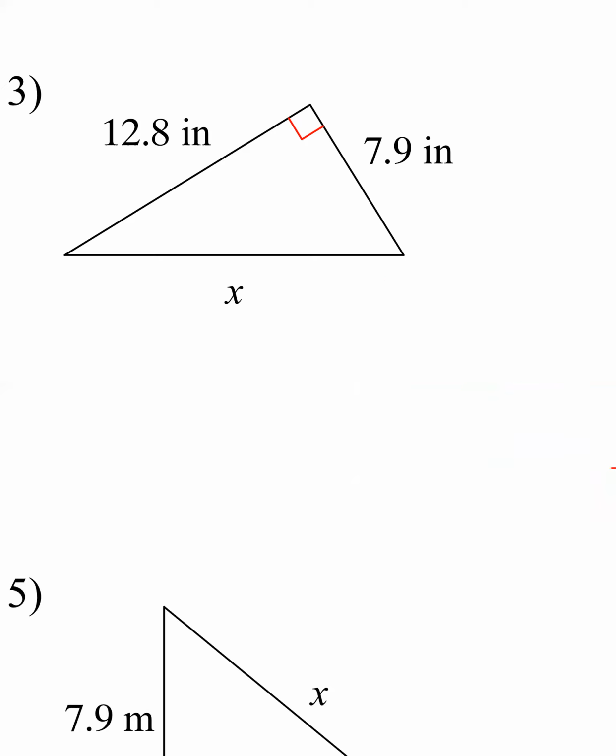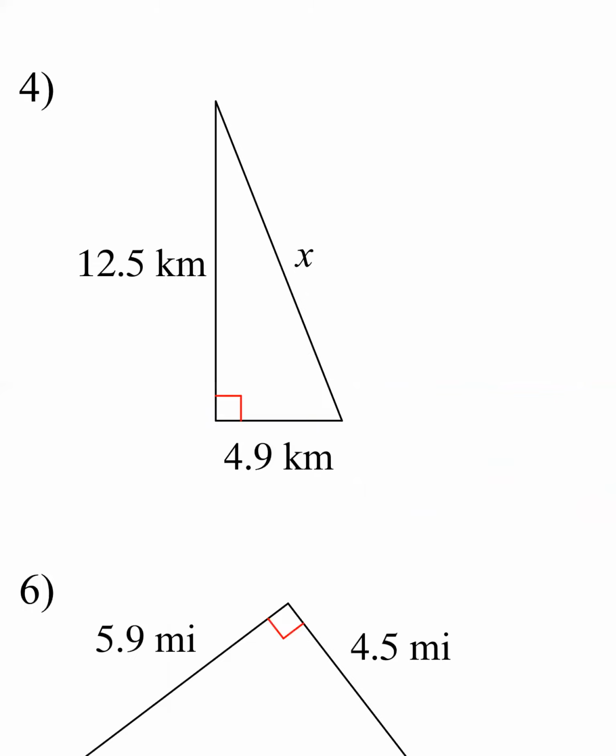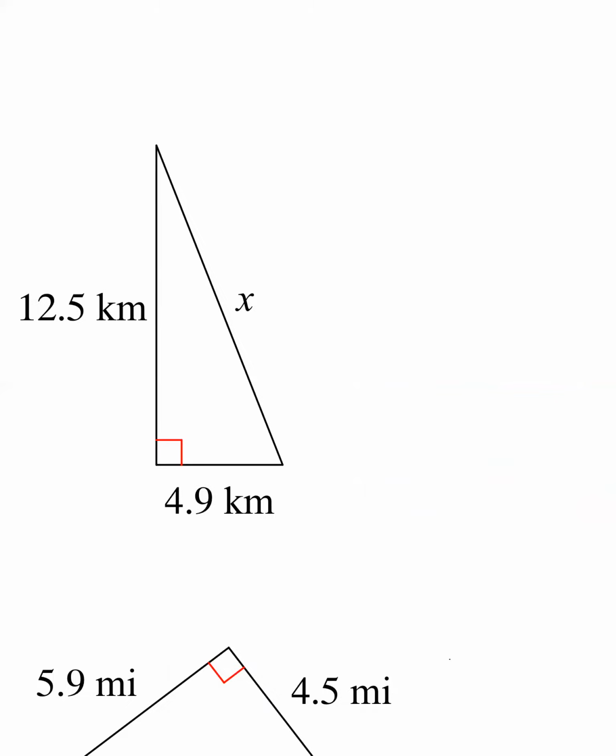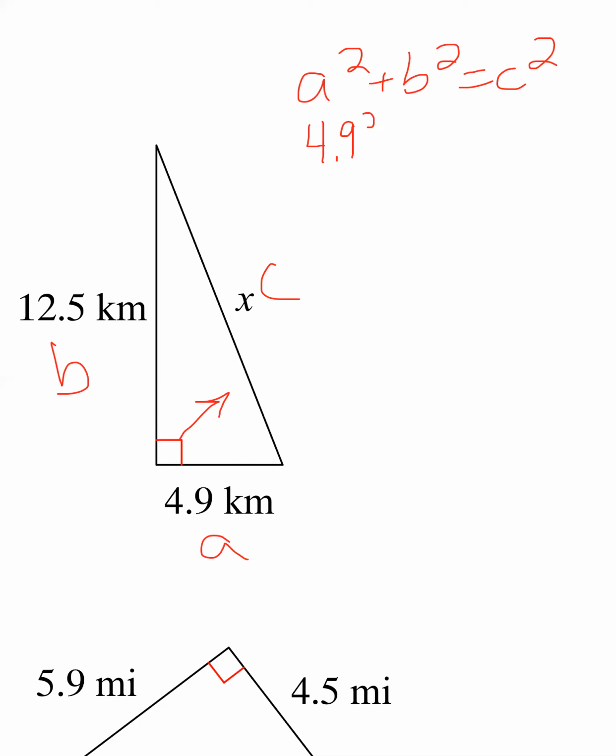All right, one more together. All right, that one C across from the 90-degree angle. I'll call this one A, this one B. So A is going to be a 4.9, square it.